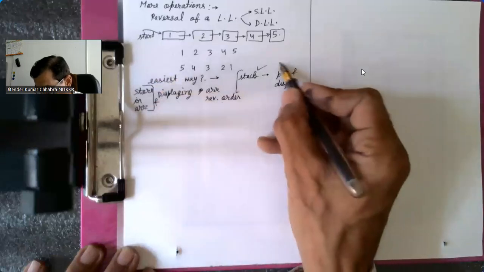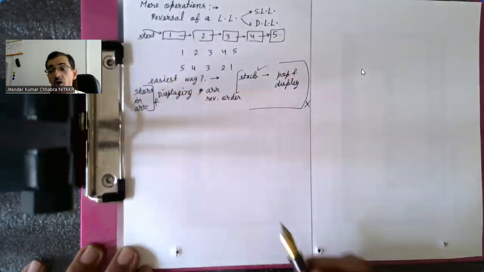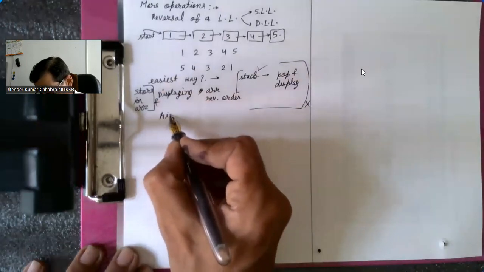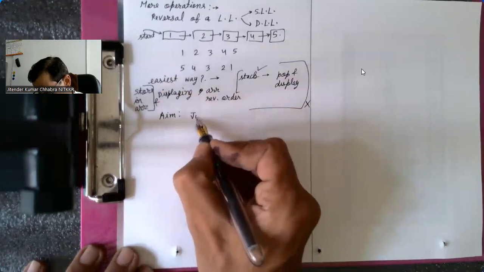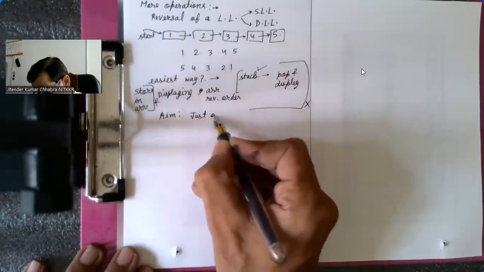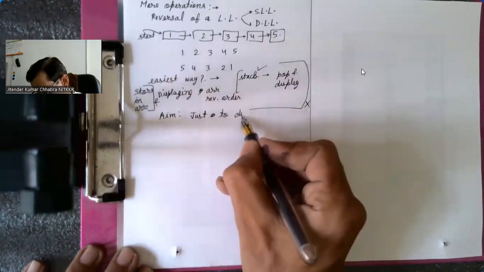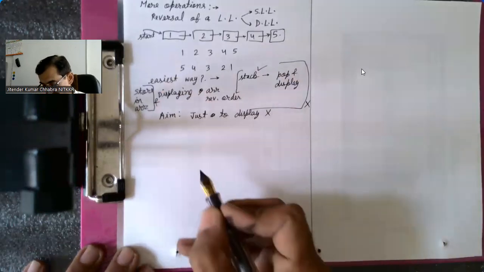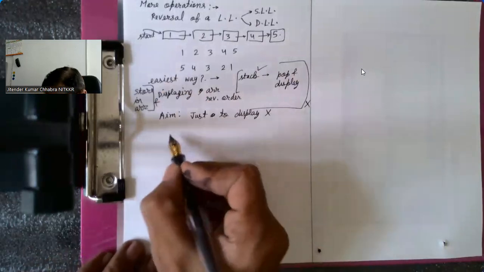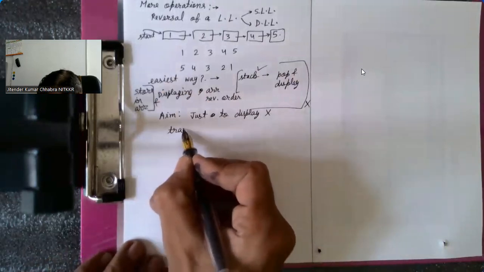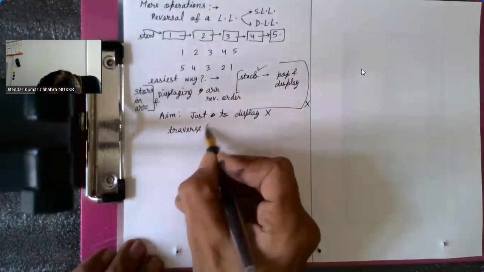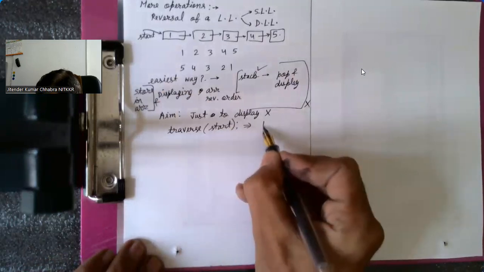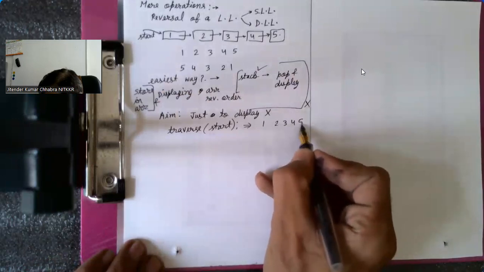So I'll say all these are not good ways of doing because the aim is not just to display. Never think that the purpose is just to display. No, it is never. Reversal means it's an operation. Reversal primarily means that initially you were calling a traverse function with the start, and you were getting output as 1, 2, 3, 4, 5.